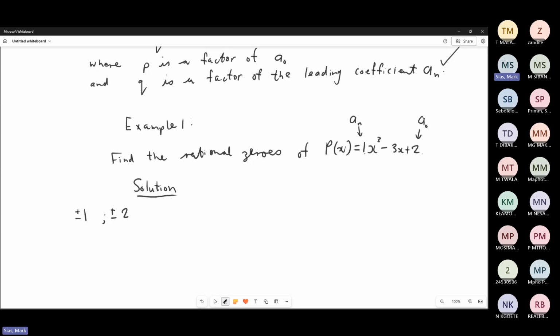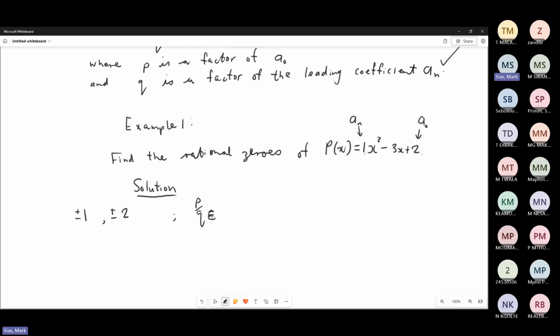And the factors of 1 is also plus or minus 1, just like the factors of 2. So you can see when ultimately you form p over q, it will look as follows. The factors of 2 are plus or minus 1, plus or minus 2. The factors of 1 is plus or minus 1. So it will be an element of this set.